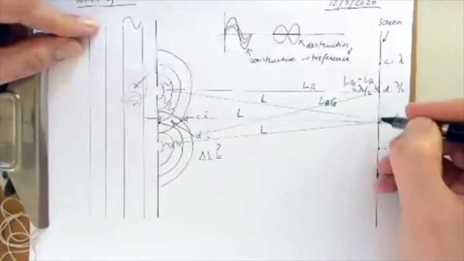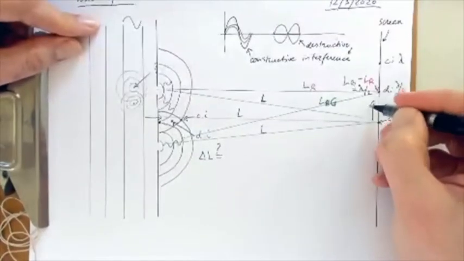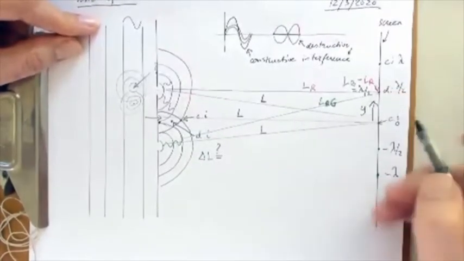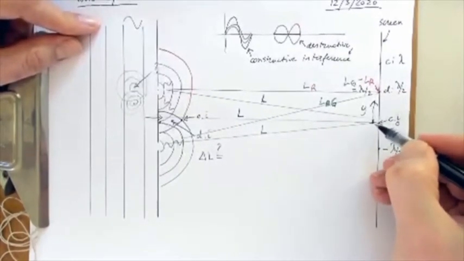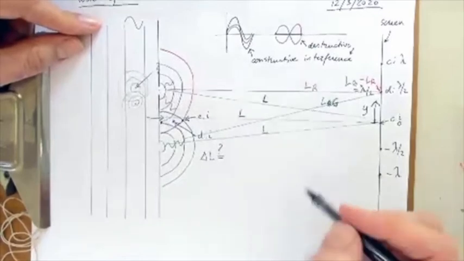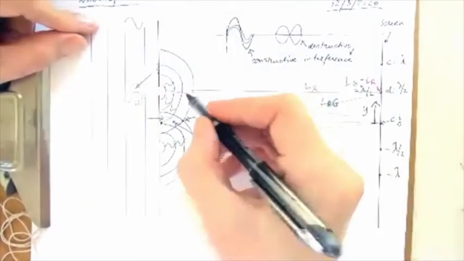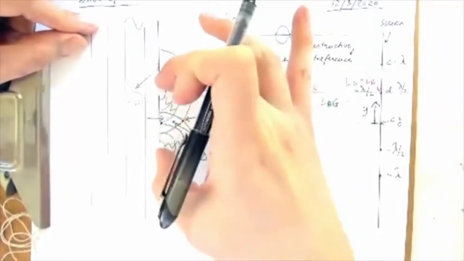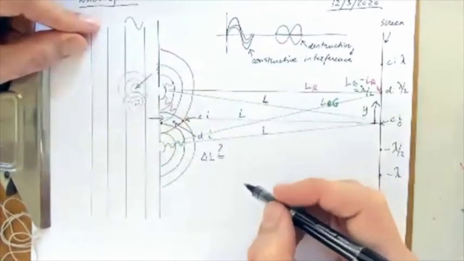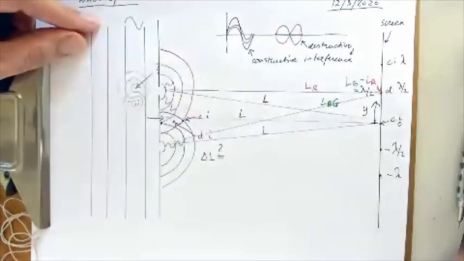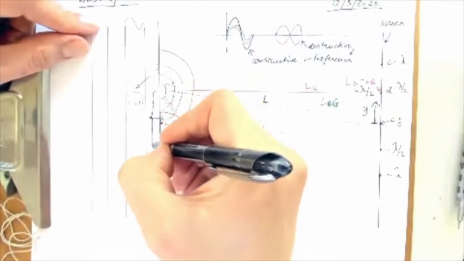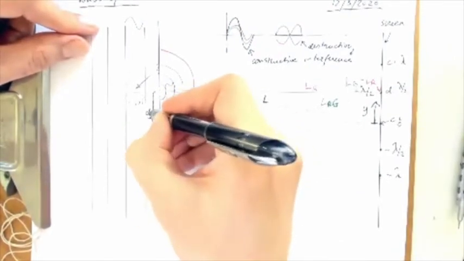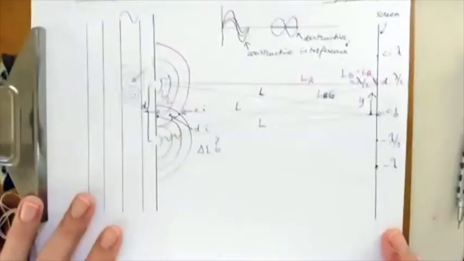We're going to use y as a variable to measure the distance from that midpoint up, so this is y equal to 0. And then we need to know also what this distance is, and we're going to call that d.